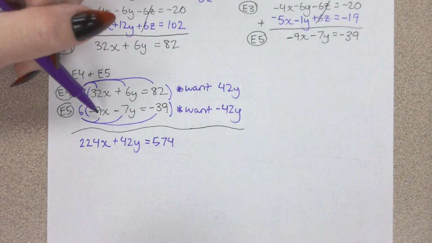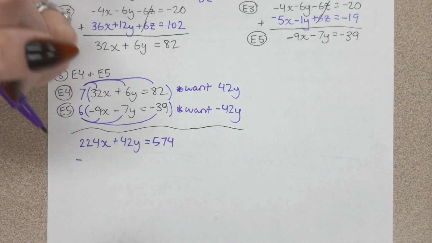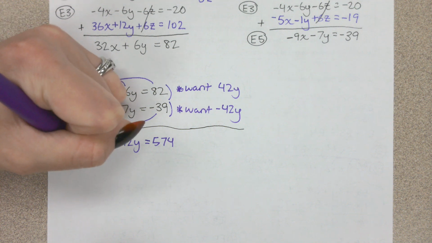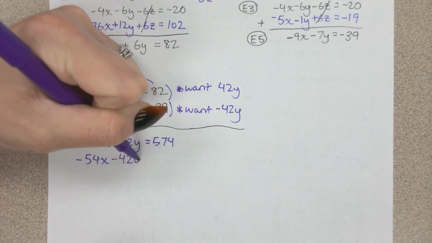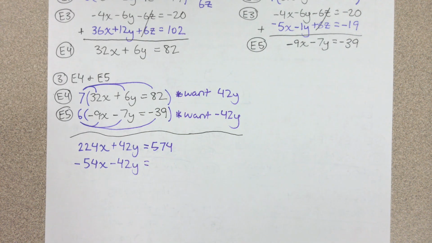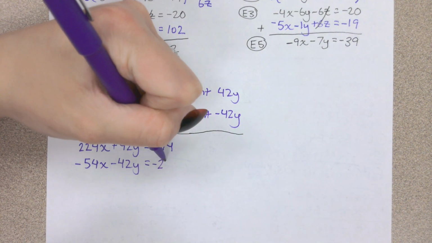Bottom equation, 6 times negative 9, that is negative 54x. 6 times negative 7y, that's negative 42y. And 6 times negative 39, negative 234.